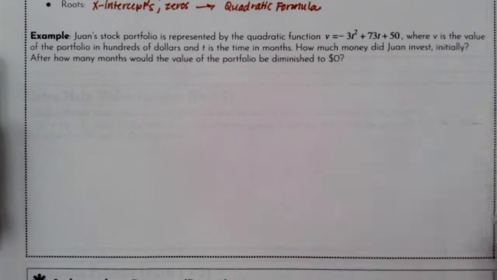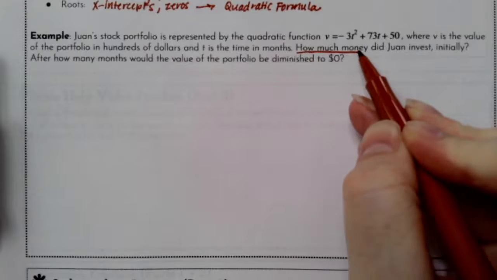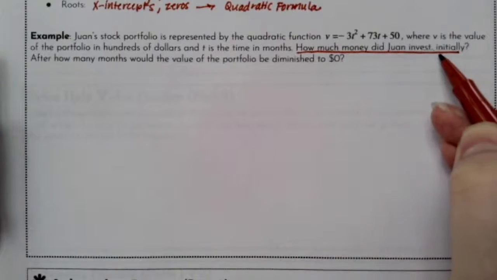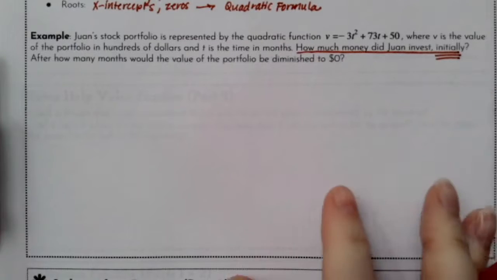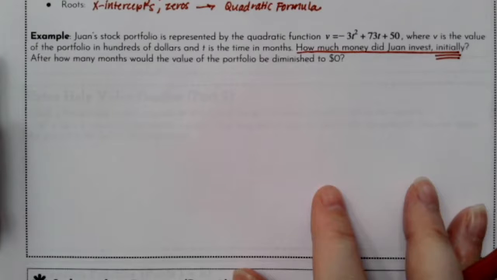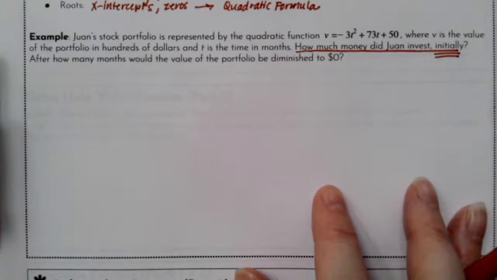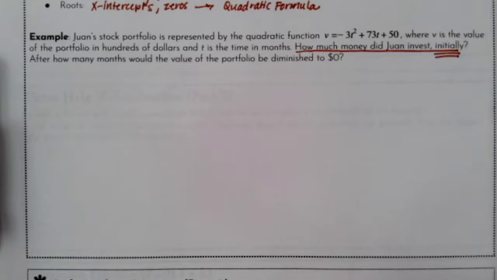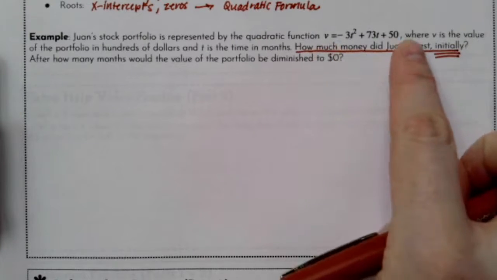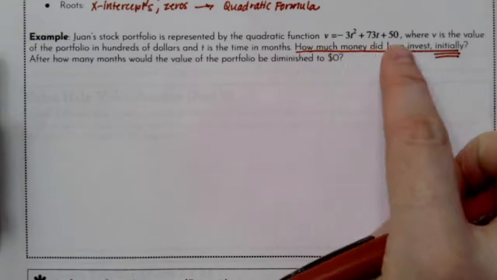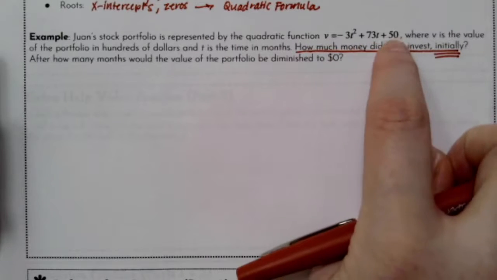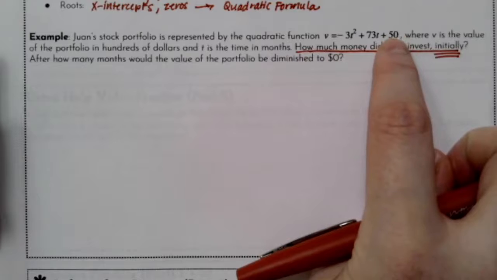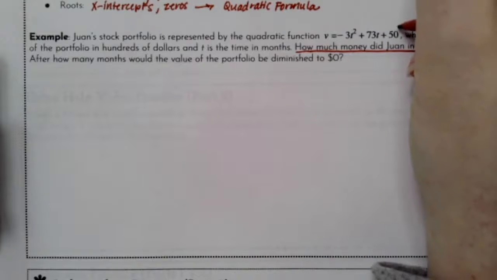The first question it asks is, how much money did Juan invest initially? Anything with the word initially or starting or beginning should make you think of the y-intercept. And the y-intercept is very easy to find from the equation. It's just the constant involved. The constant is 50, so that is my y-intercept.